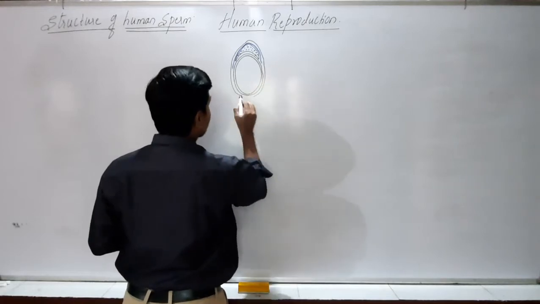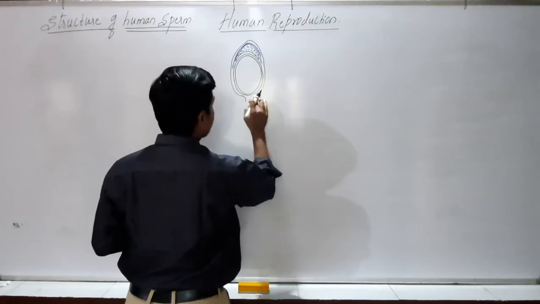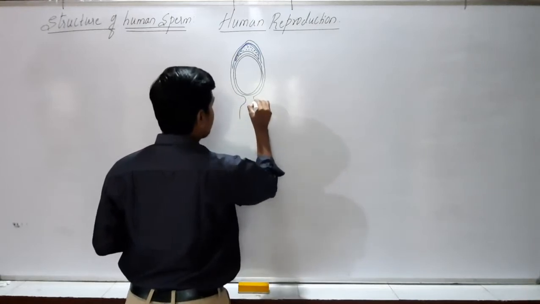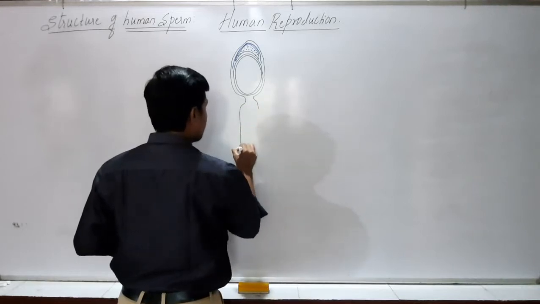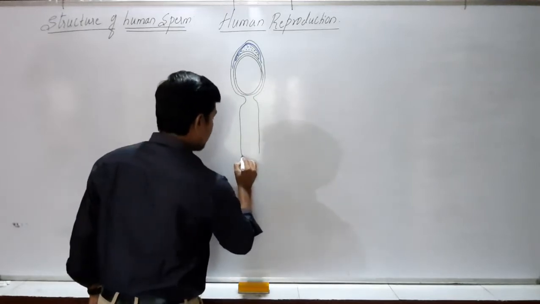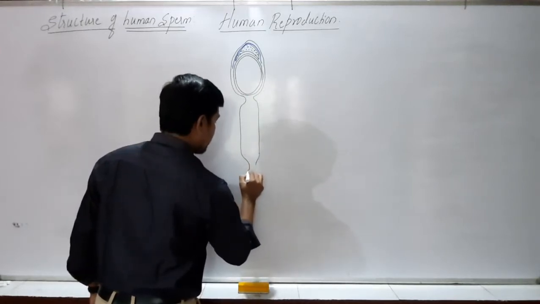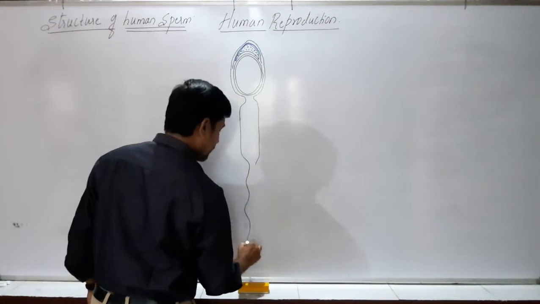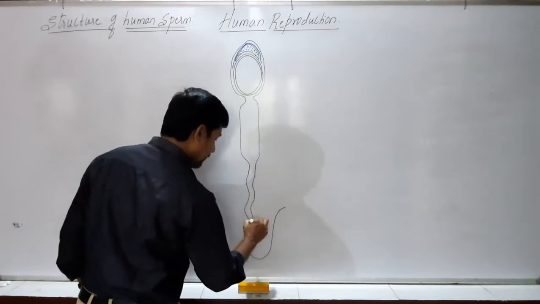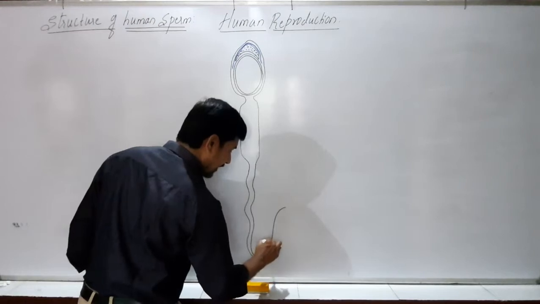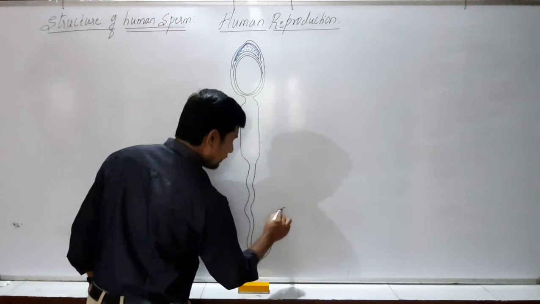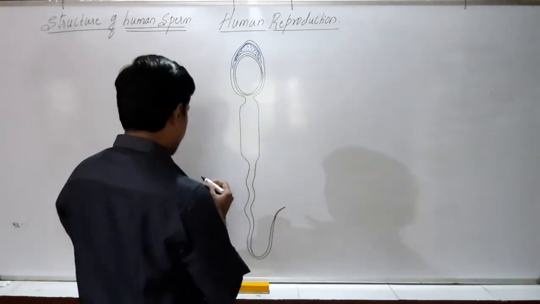Now if we look at this structure, this is the middle part. This is the last part of the sperm, which we also call the tail. So this is the tail part.